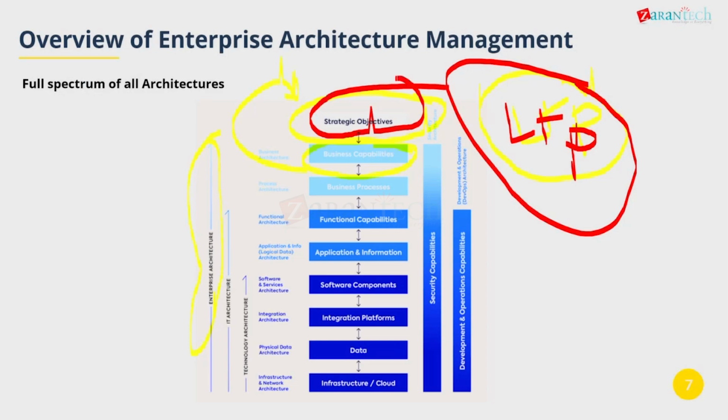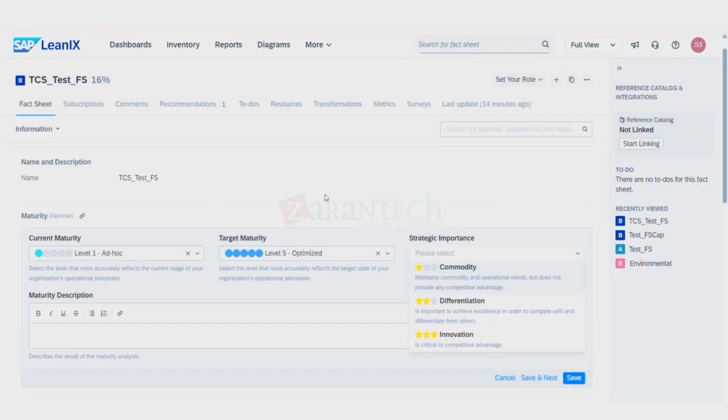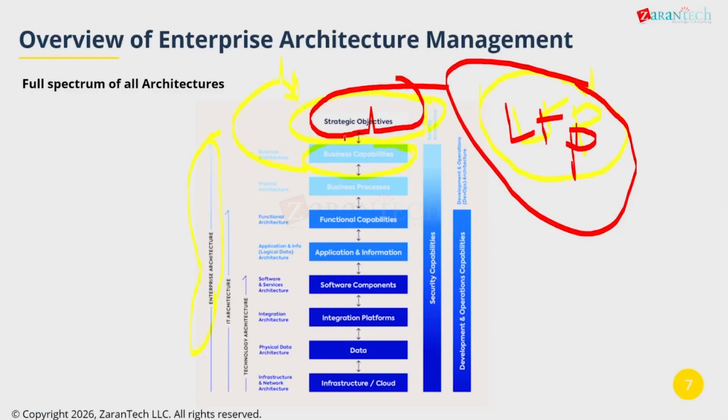So stakeholders are there for each selection we do in LeanIX, right? Who will decide what is the target maturity, what is the strategic importance we have to choose? These small decisions. That is what I'm saying.